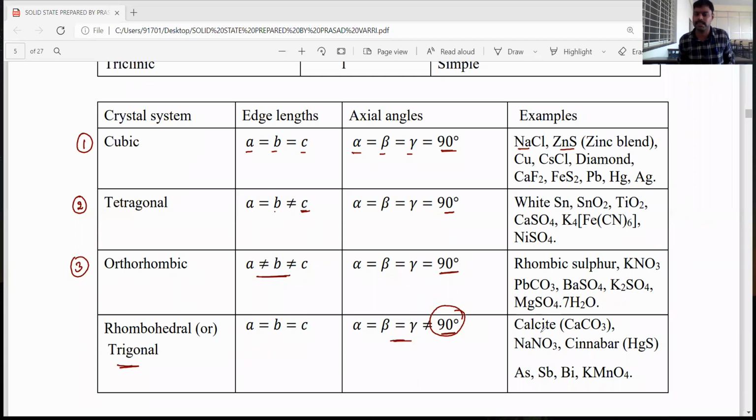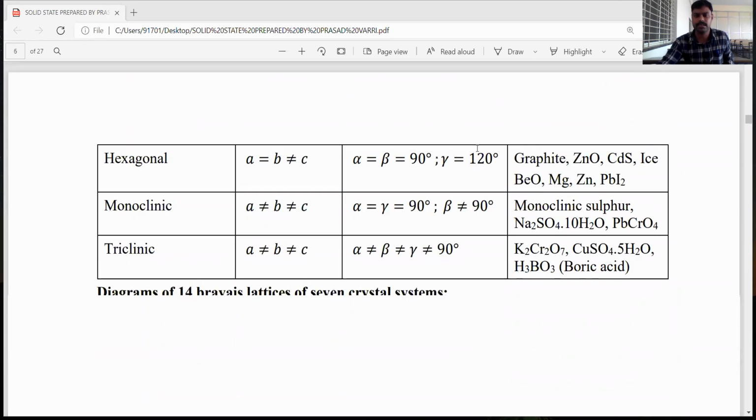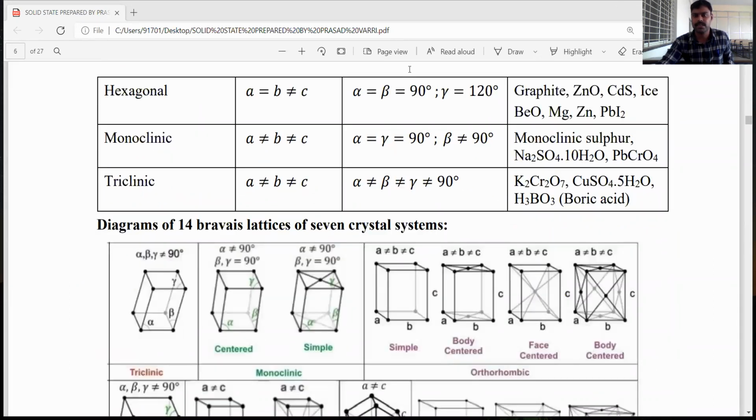Examples for trigonal crystal system: calcite, calcium carbonate is also known as calcite, sodium nitrate, cinnabar, mercuric sulfide, and arsenic, antimony, bismuth, and potassium permanganate are the examples for trigonal crystal system. Okay, let's go for the last remaining 3 crystal systems, their relations between the edge lengths and axial angles. Let's see, dear students.